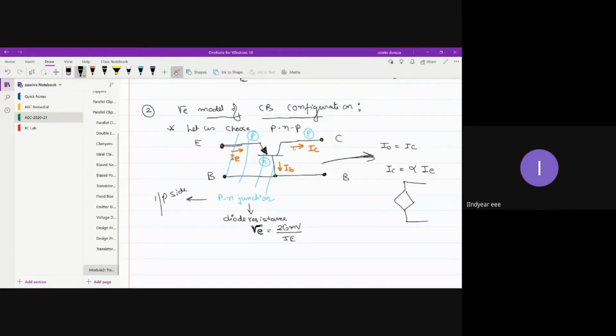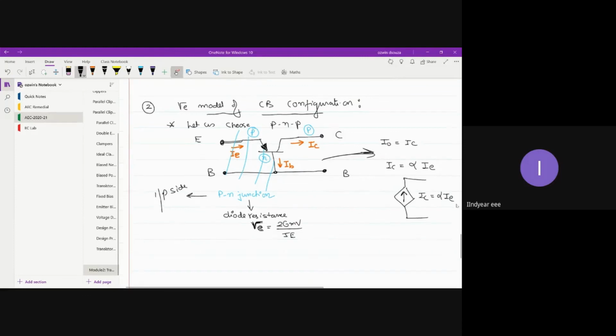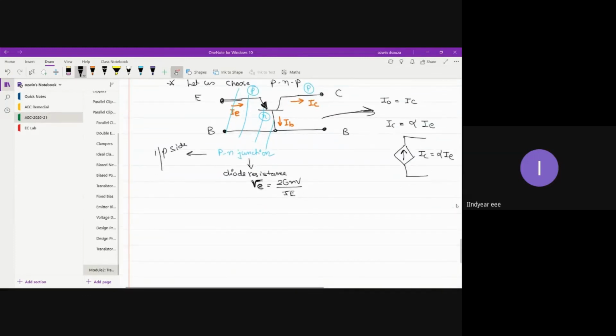If you look at the current direction, current is going outwards, hence you have to put the arrow direction in this manner. For PNP, it is upward. If you consider NPN, you'll be surprised to see that the arrow direction will be reversed. You can try out, doesn't matter. So IC is equal to alpha times IE.